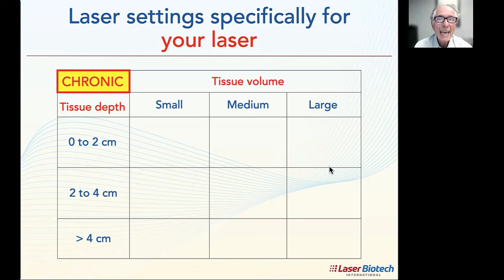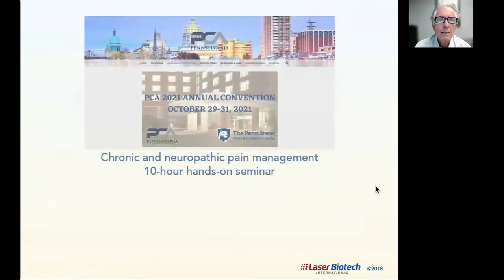In any case, I will show you how to calculate your average power, your pulse power, your duty cycle, and the pulse rate. So you will have a table for all of those things. When a patient comes in, you know the target tissue volume based on imaging, physical diagnosis, however you do it, and you know approximately the depth of the target tissue. This table will tell you the settings for your laser. We will do that in the class.